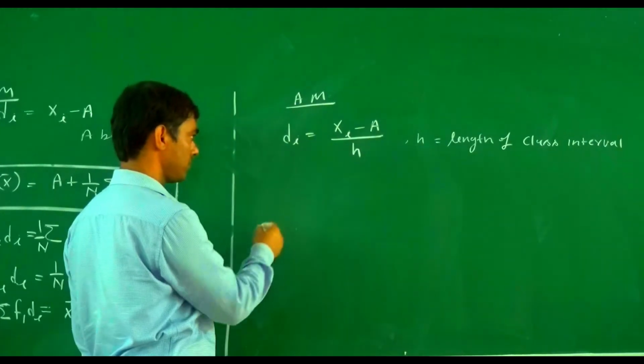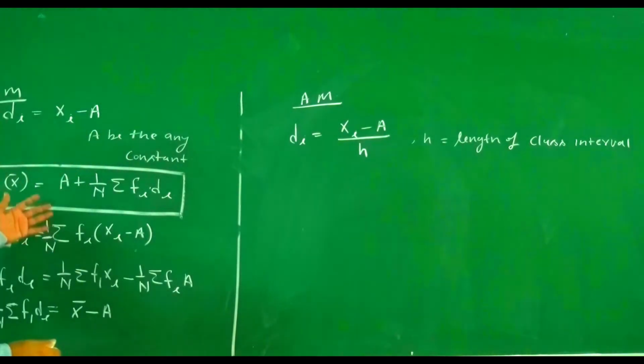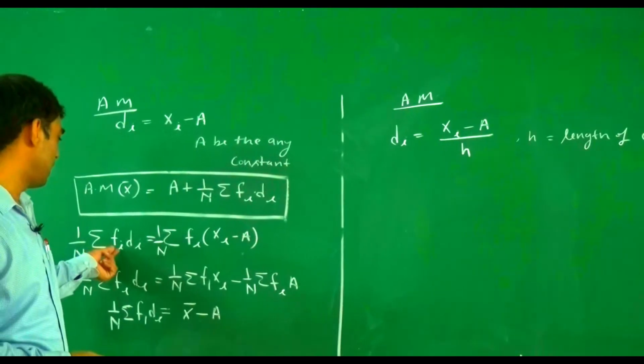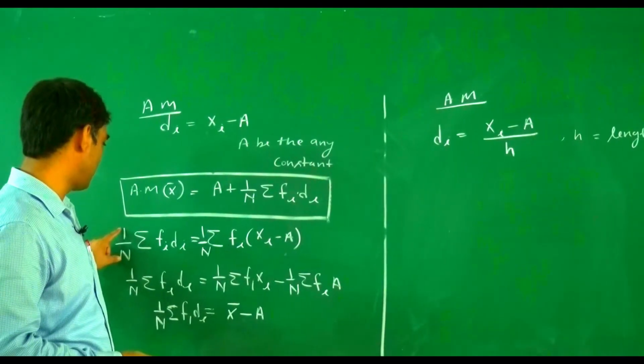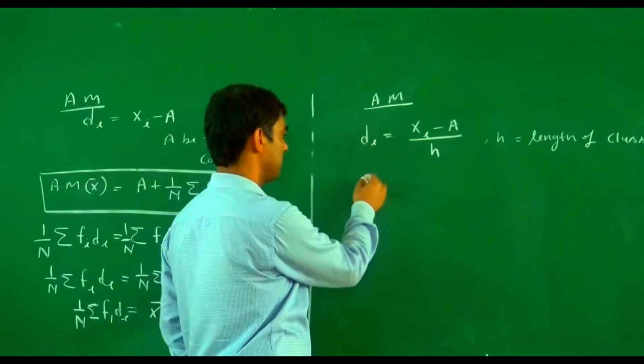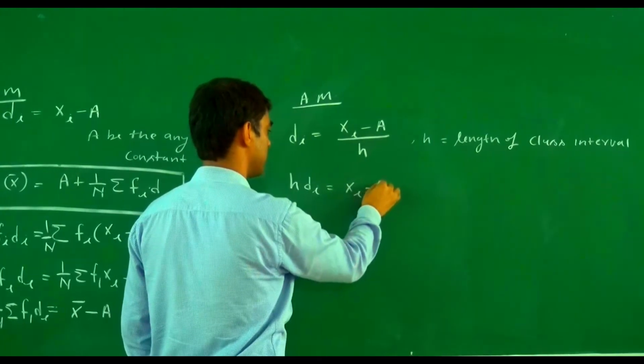Now again, in this way, we multiply by the fi, take the summation and multiply by 1 upon n. So this becomes h into di equals xi minus a.